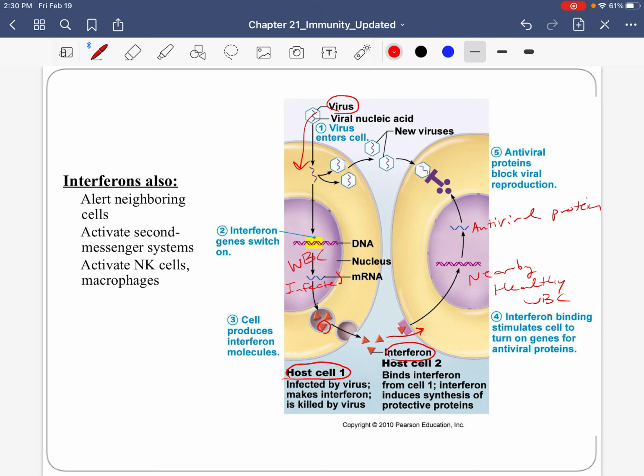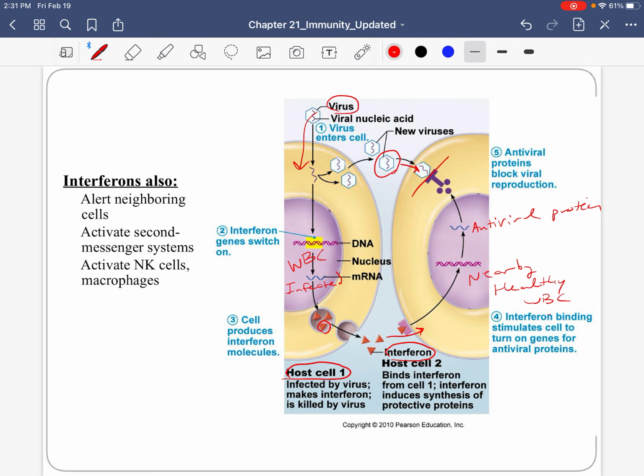So that if this same virus now says, haha, I'm going to try and take over this cell, it is blocked because the interferon has told this cell to make an antiviral protein that protects it. Really cool.